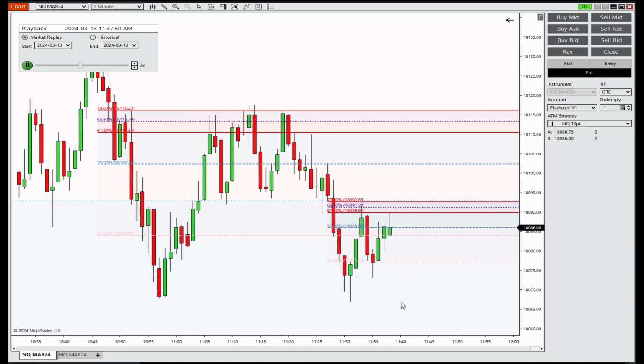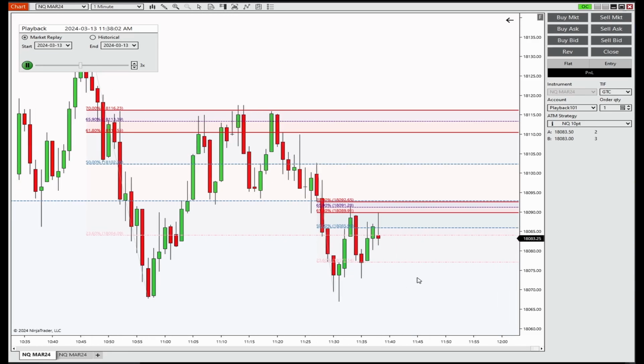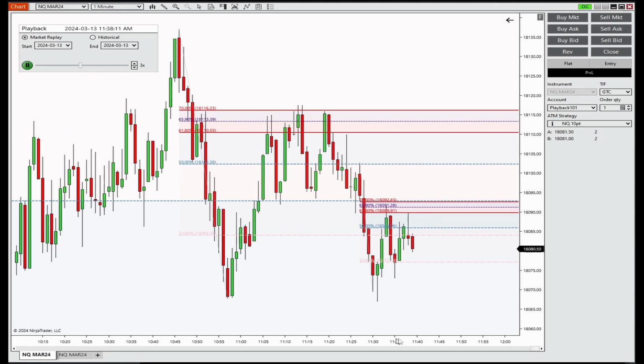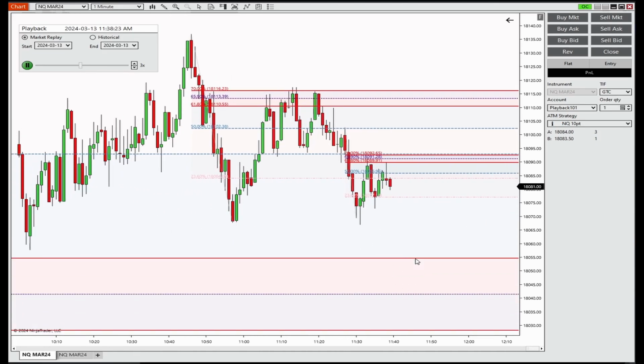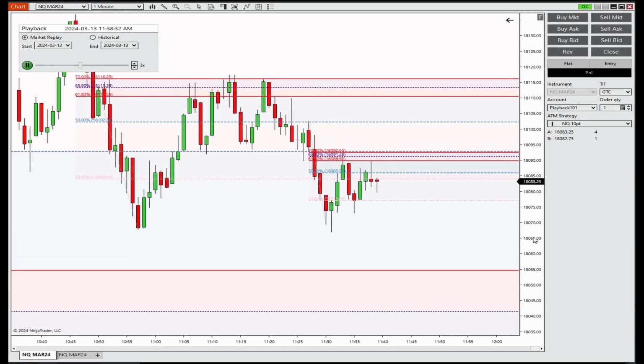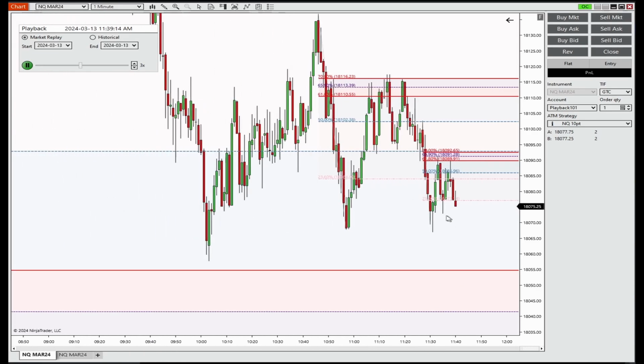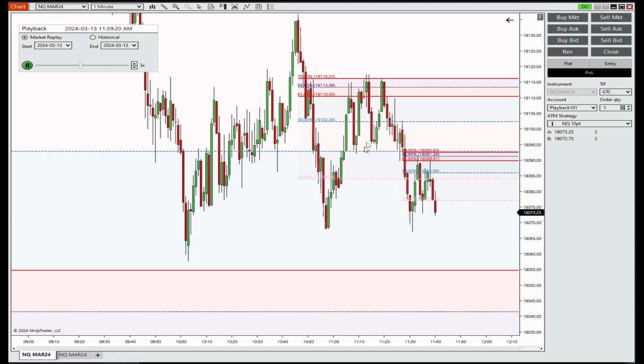Right? See if we get inducement in this or if it's just tapping back into this area of interest. Again, our objective. Our objective. And what this does as well is it keeps us from looking for confirmation longs out of this, because that was beautiful.